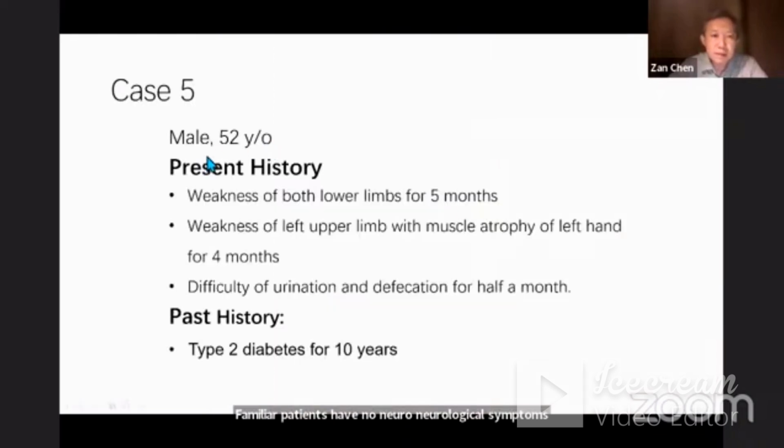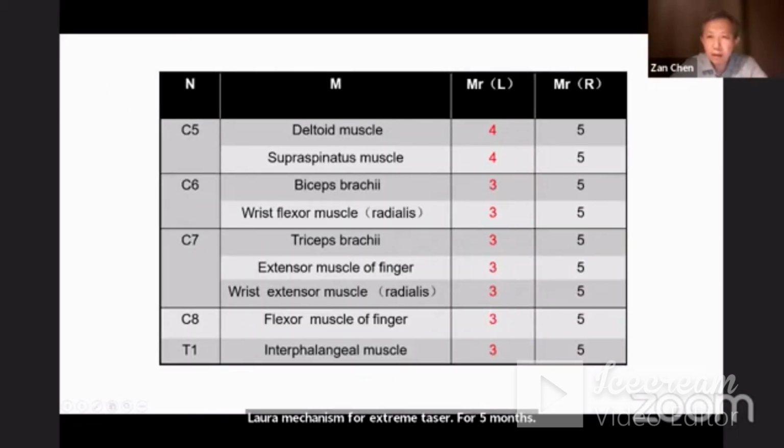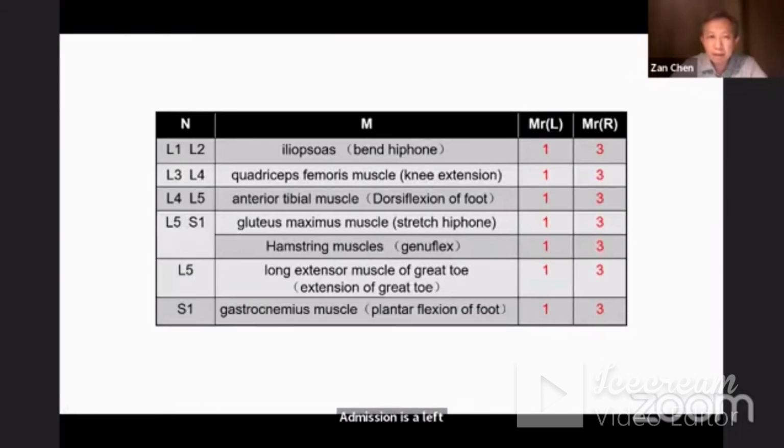And this is another patient, 52 years old. He suffered weakness of the lower extremities for 5 months, and on admission, his muscle strength was decreased, especially the lower extremities, decreased to 1 grade.